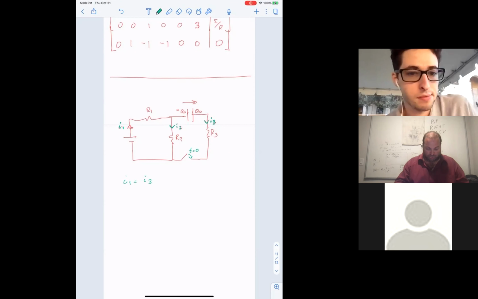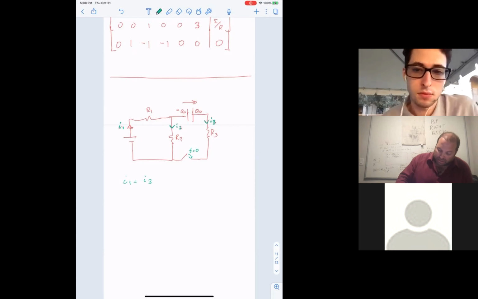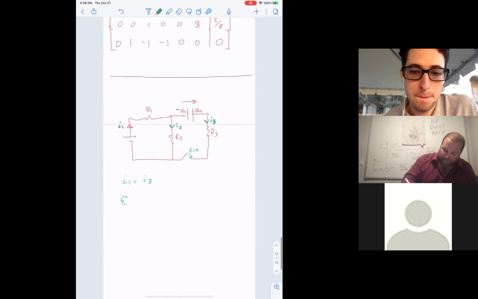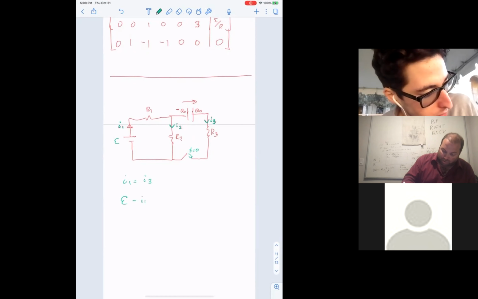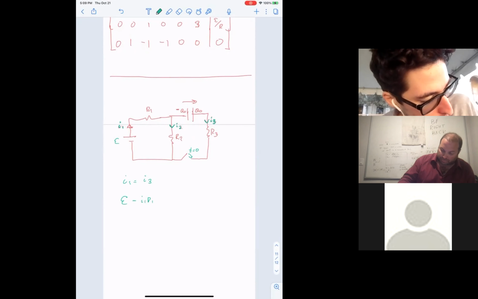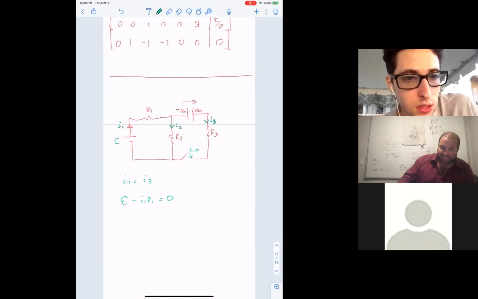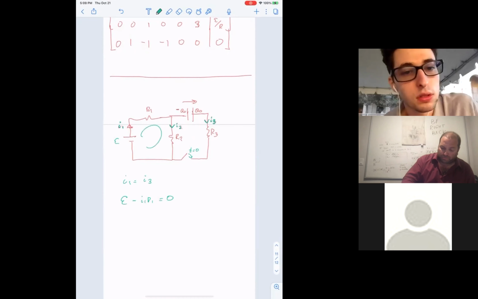So we have I1 equals I3. Let's do a loop here on the right. We have E minus I1 R1 is equal to 0. A full loop is equal to 0. What loop are you doing?